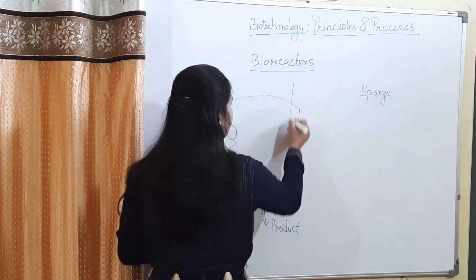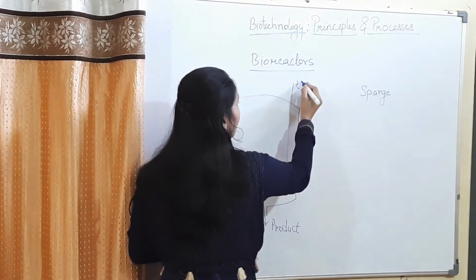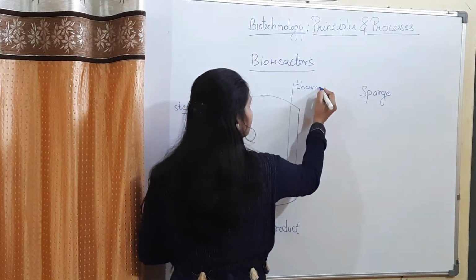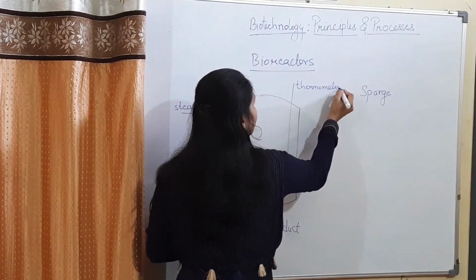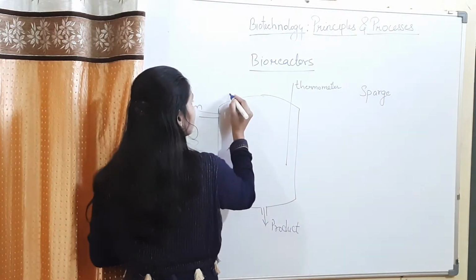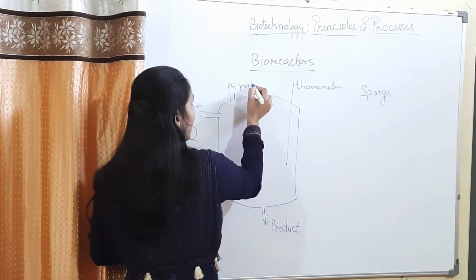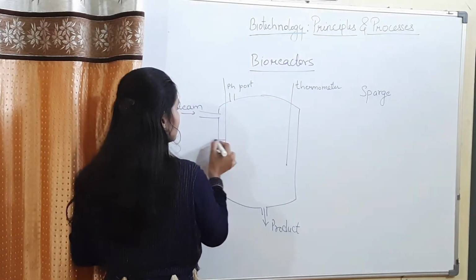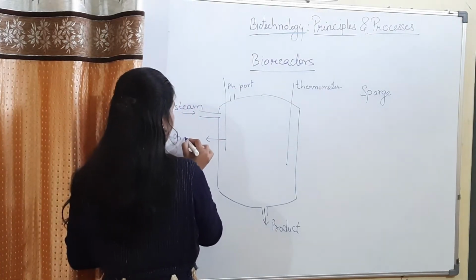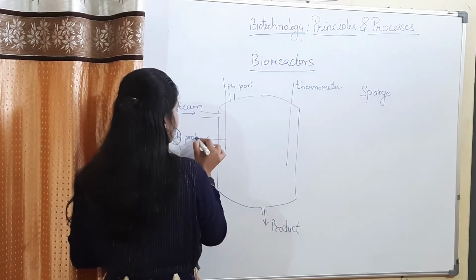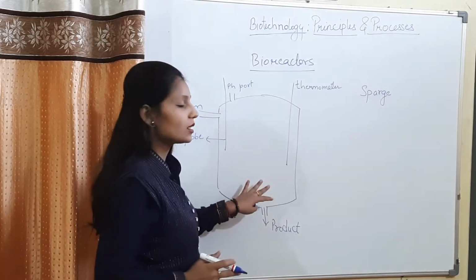Then we have a thermometer for temperature regulation. We have a small port here known as pH port, and this is the pH probe for checking the pH of the medium which is present here.